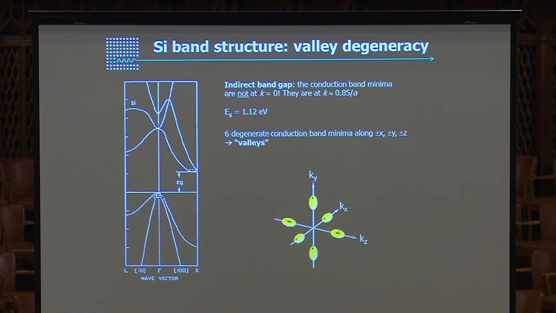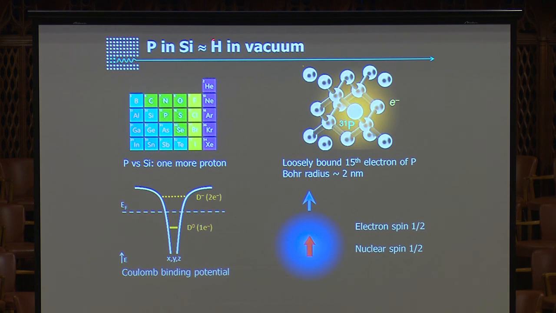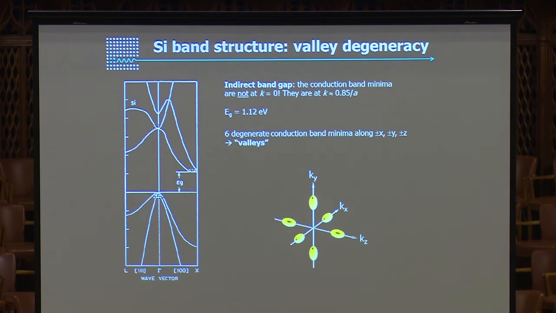Okay? And so you can really think of this as hydrogen in vacuum. There's a spin a half positive charge and a spin a half negative charge around it. Now, of course, silicon isn't vacuum. It's a crystal with a crystal structure, a band structure. And silicon is special in that the minimum of the conduction band is not at k equals 0. It's at 85% of the Brillouin zone.